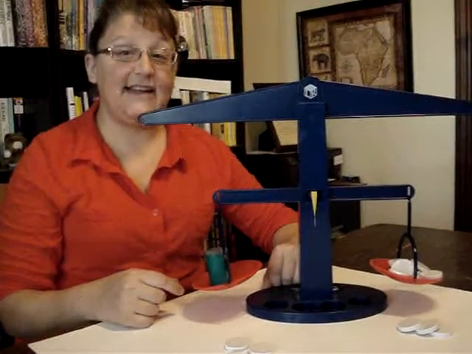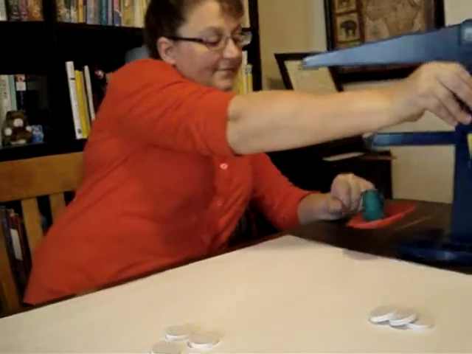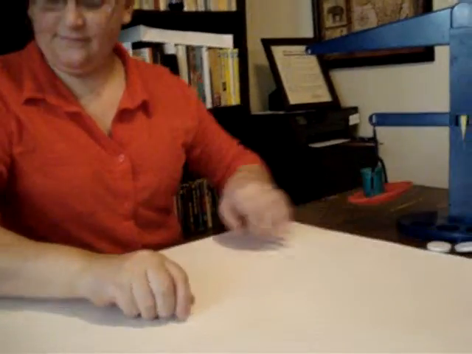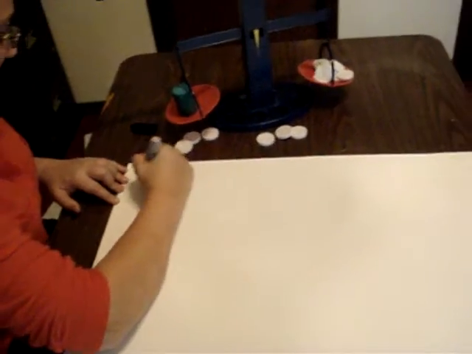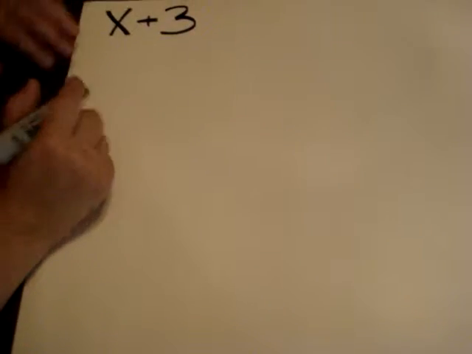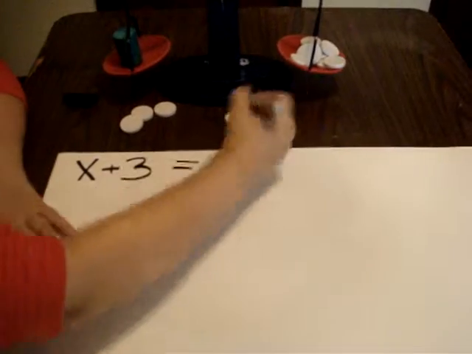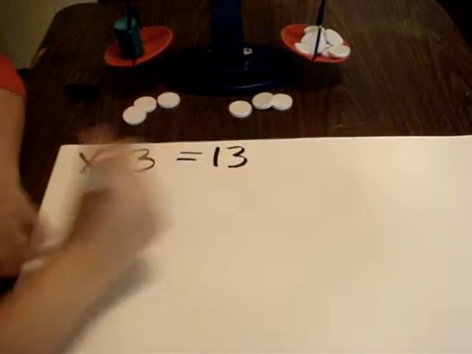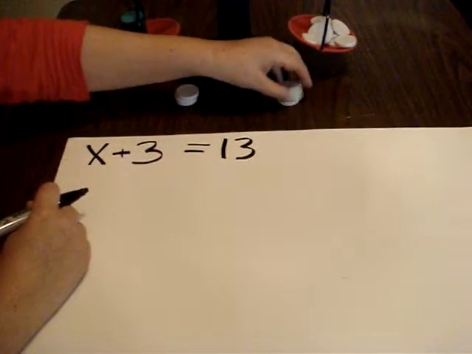Alright, let's go ahead and take this to some algebraic symbols. So on this side, we had our x, and we had 3 counters. I'm going to represent that algebraically as our x plus 3. We know it's equal because it balances, and we had 13 counters on this side. To solve our equation on the balance, we removed 3 counters from each side.